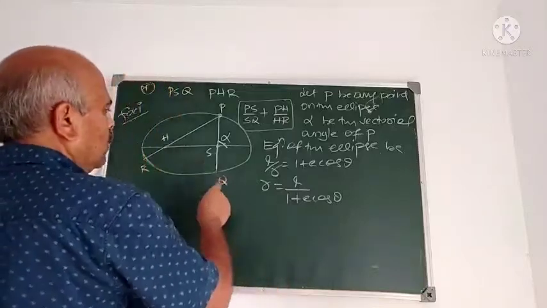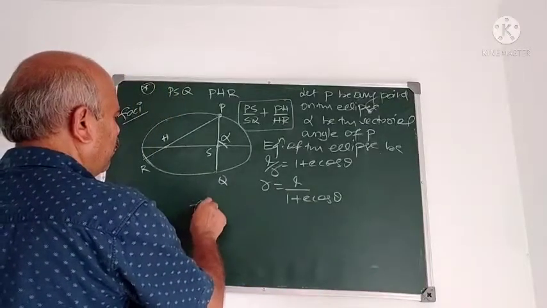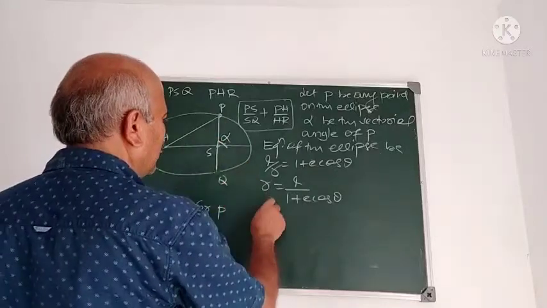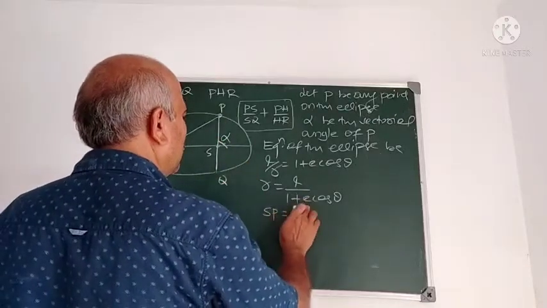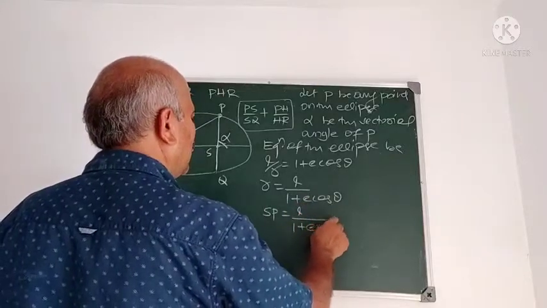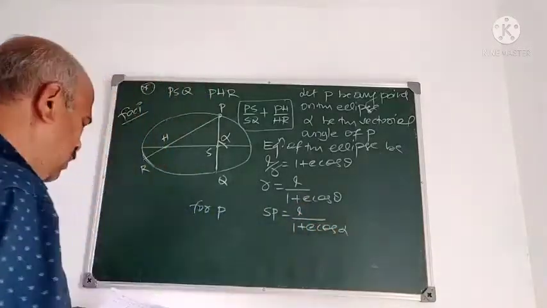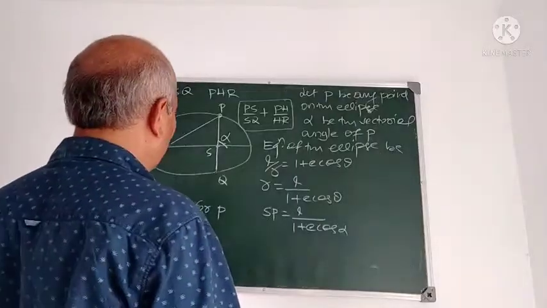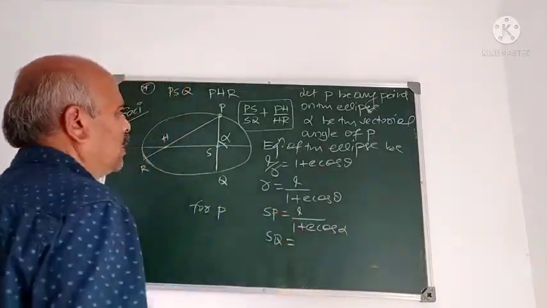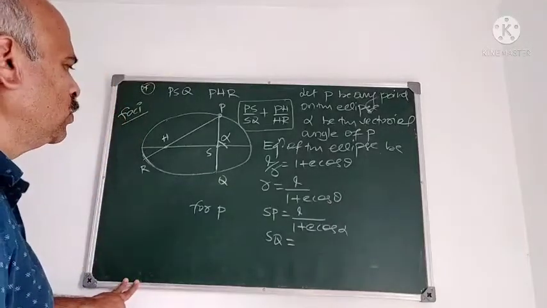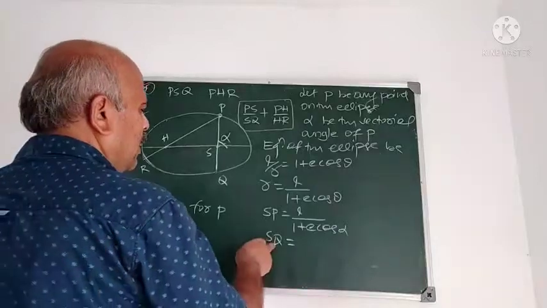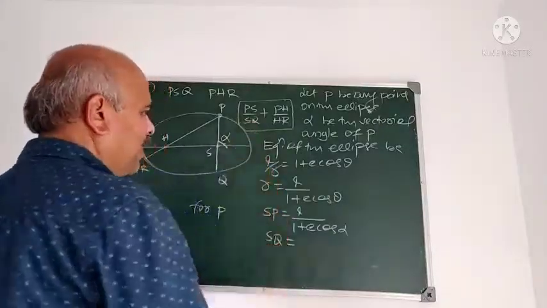Now, for this point P, SP is L by 1 plus E cos alpha. And SQ is, because PSQ is a chord, SP plus PS, and we require SQ now.